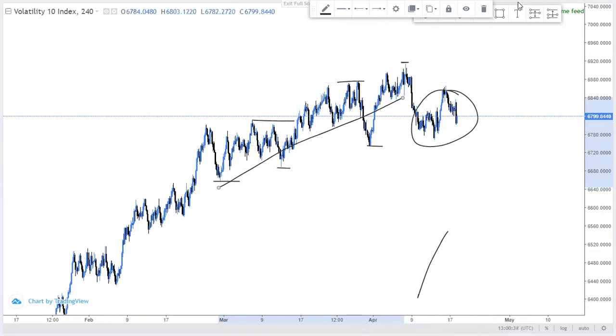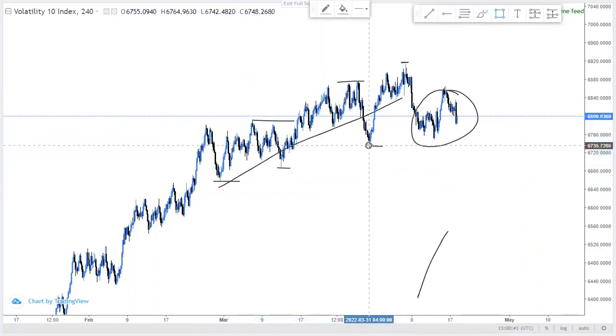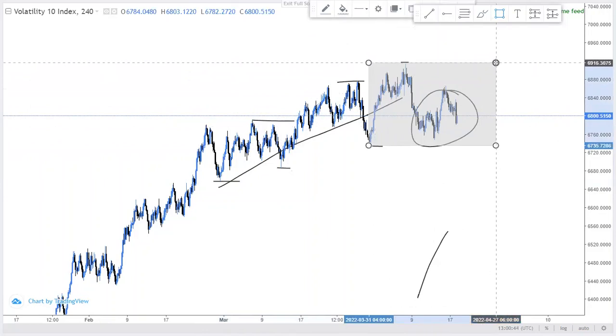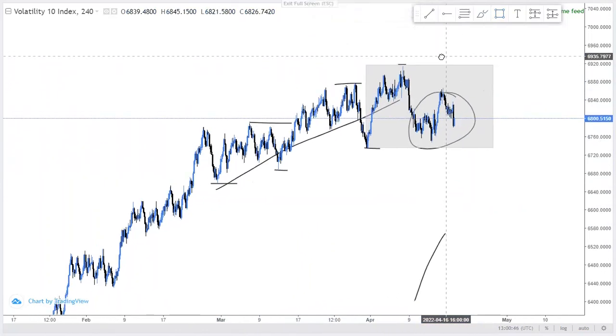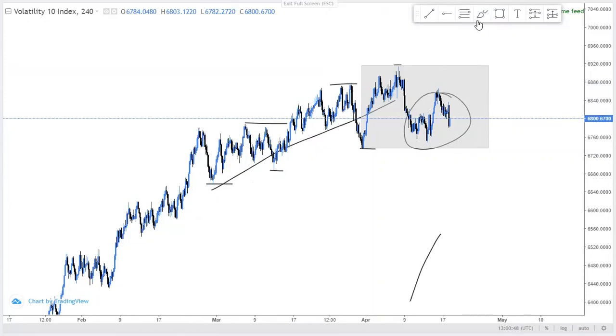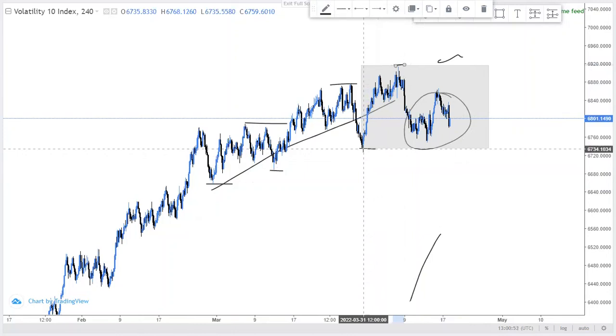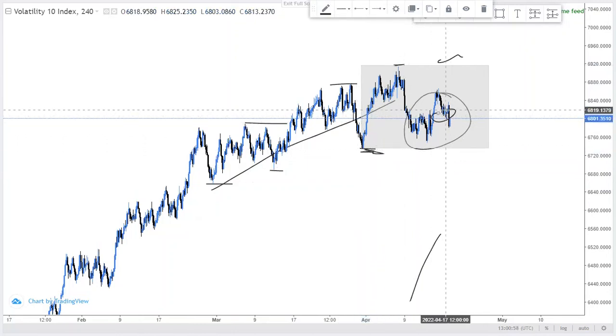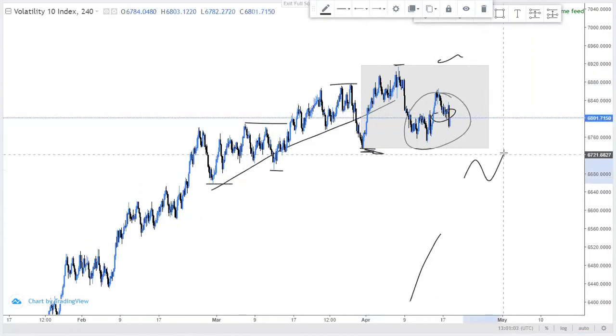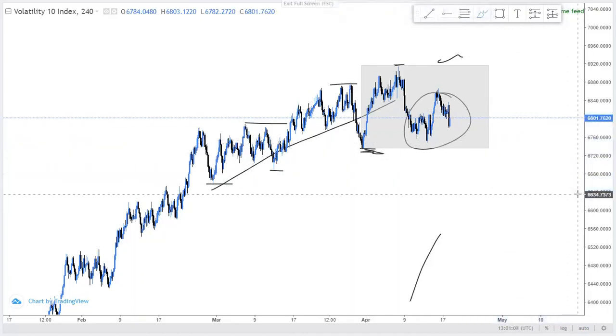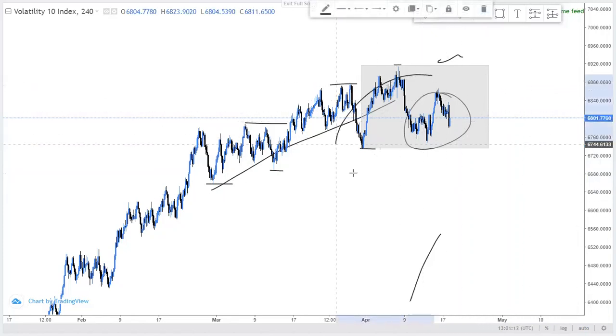So our focus now is just here: whether we are going above this high, or we're going to go below this low. Everything that we'll be looking at is based on market structure, going up or going down. That's all we're looking at. So let's go into a smaller time frame to look at what happened here.